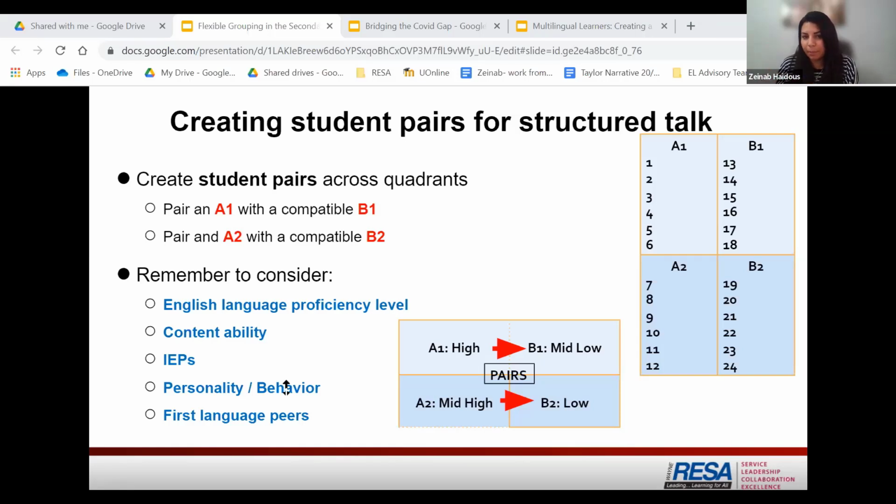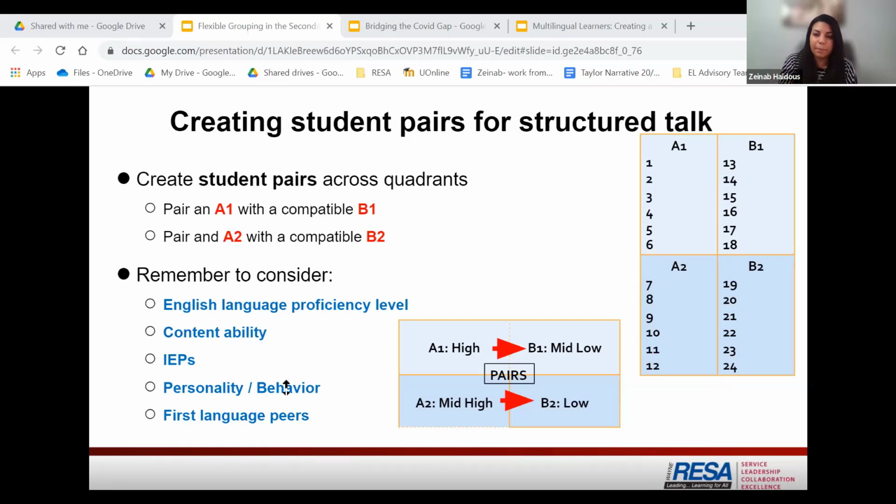Now, ignore all of the numbering that is within the boxes and just work within the quadrants, where you are going to then match up your A1s, your high students with your mid-lows, and then your mid-high students with your lows.